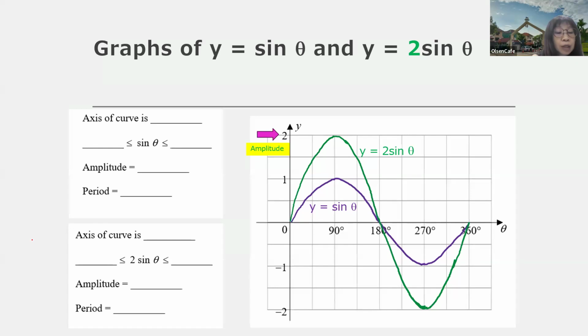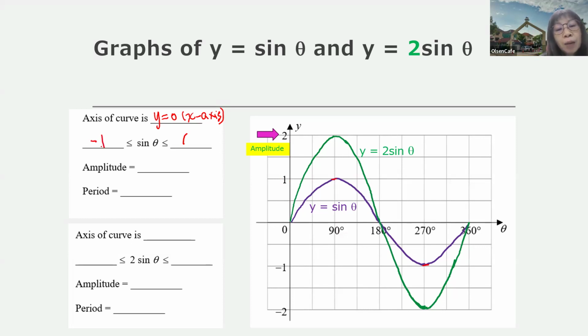Let's try to write it down. Over here, the axis of curve, no change. In this case, the axis of curve for these two graphs remains as y equals 0, or simply the x-axis. And by taking a look at the graphs, for sine theta specifically, the highest value of the graph here is 1, and the smallest value of the range here is -1.